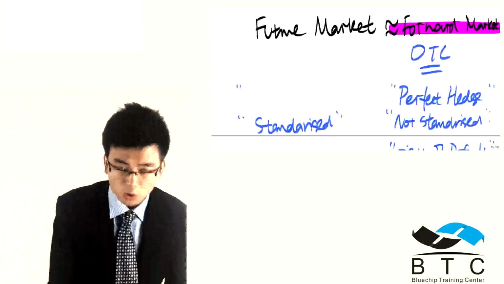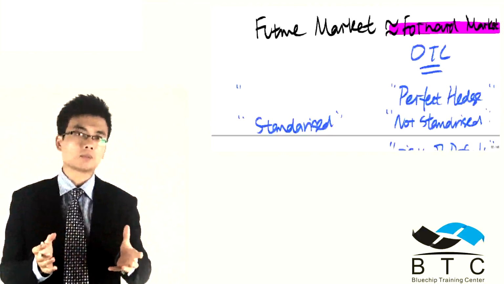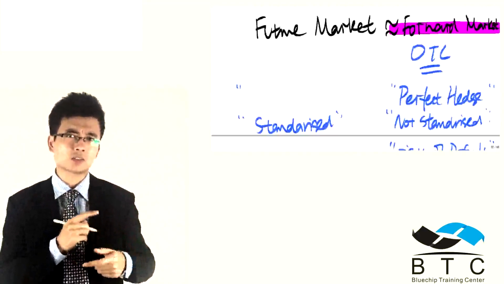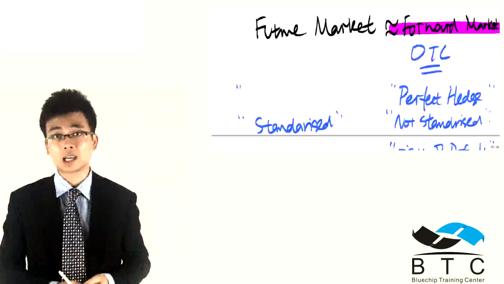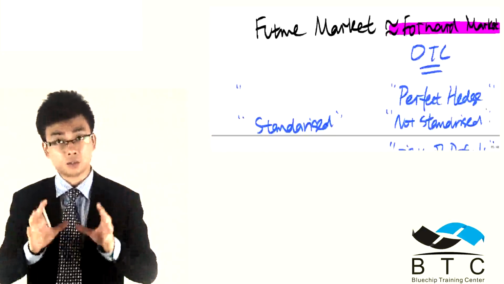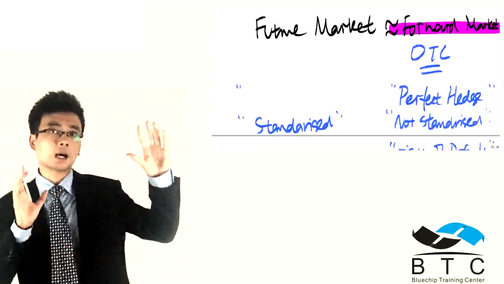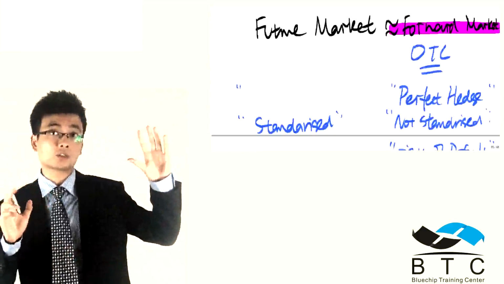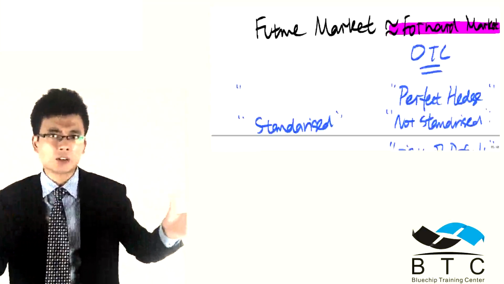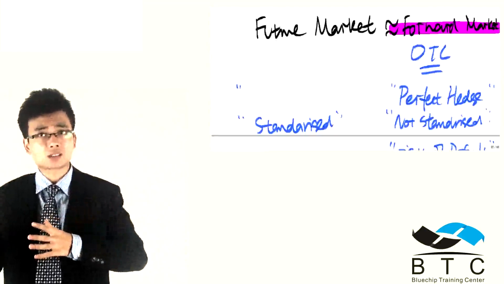And of course, because of its standardized nature, maybe you're going to hedge against $1 million, but the contract size of one particular contract within the futures market is just $33,000, for example. So 1 million divided by 33,333 gives you maybe 30.3 contracts.